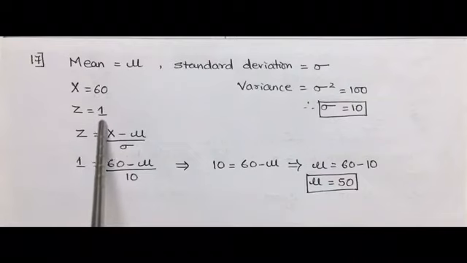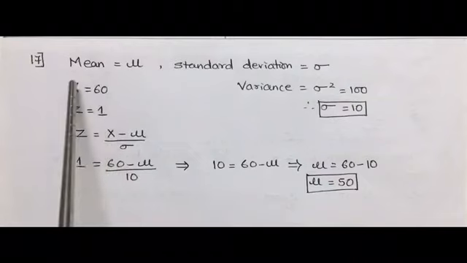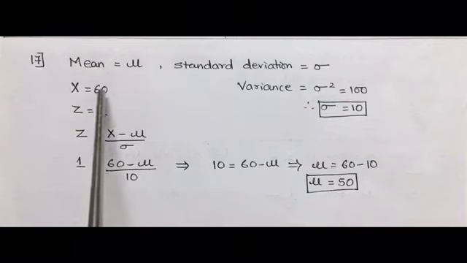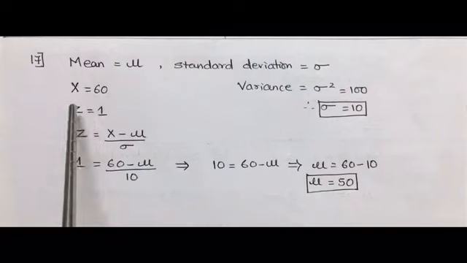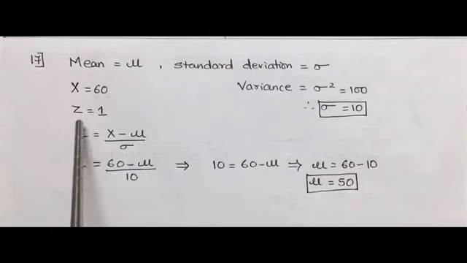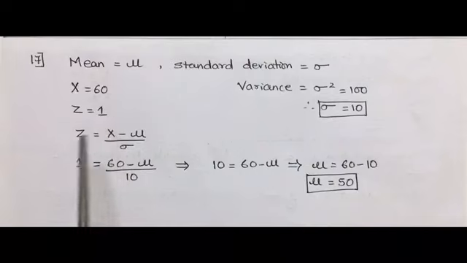Standard score is given as 1 when the student is getting 60 marks. 60 marks becomes the value of X. Standard score means the value of Z, that is 1. If the variance of the variable is 100, then find the average marks.